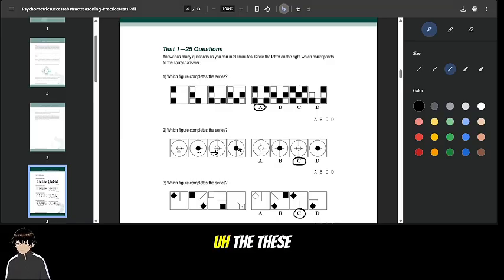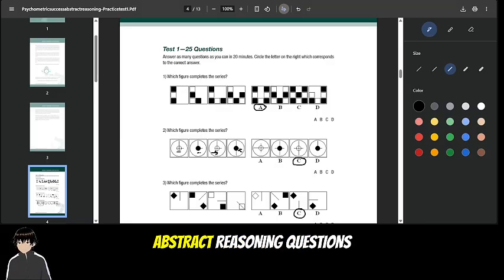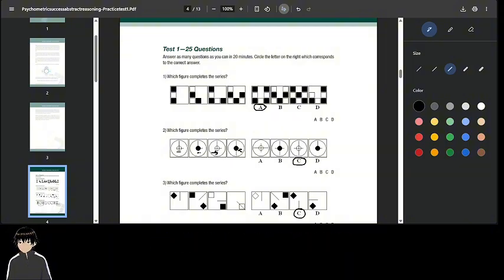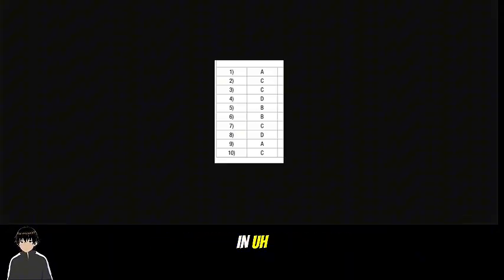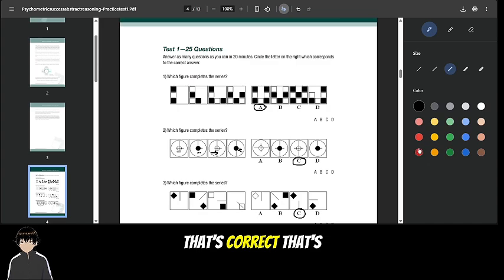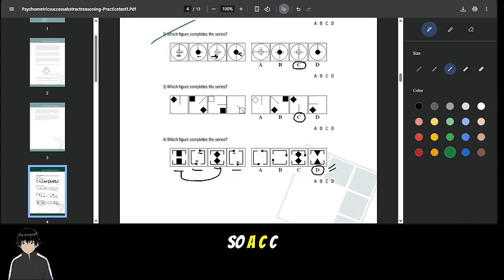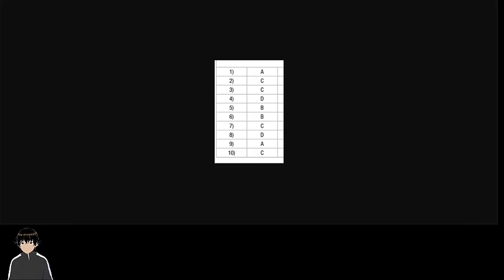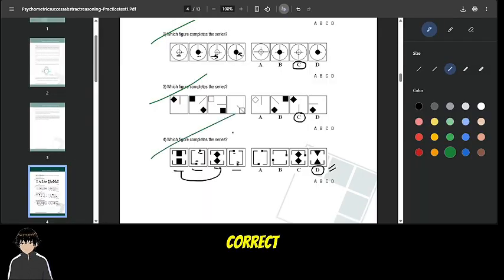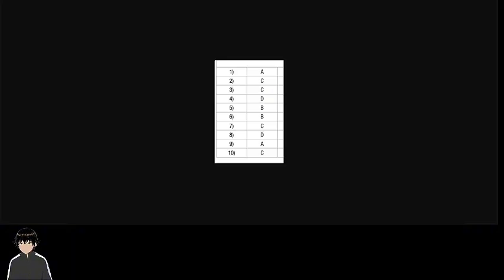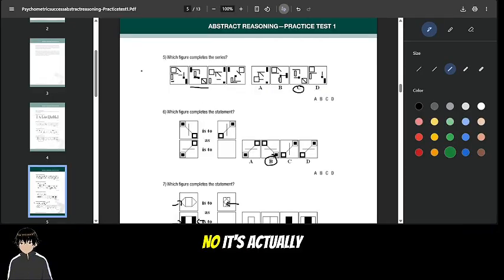By the way, these types of abstract reasoning questions are also used in IQ tests, if you guys didn't know. So ACC, that's correct. ACC D, correct. 5 is B. No, it's actually C.